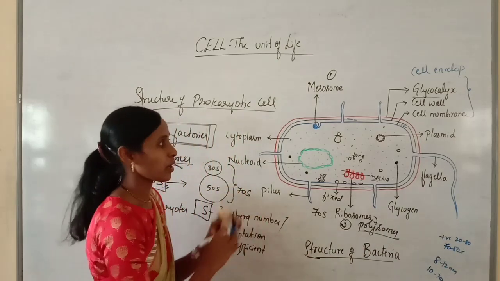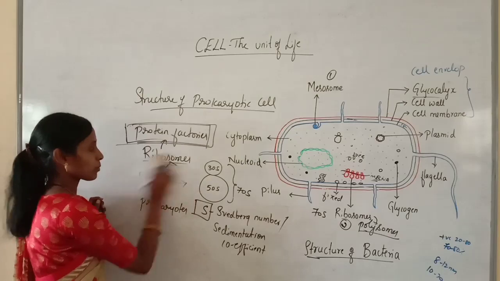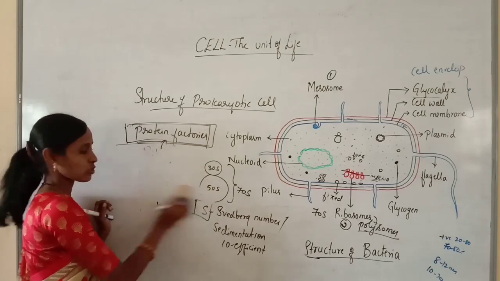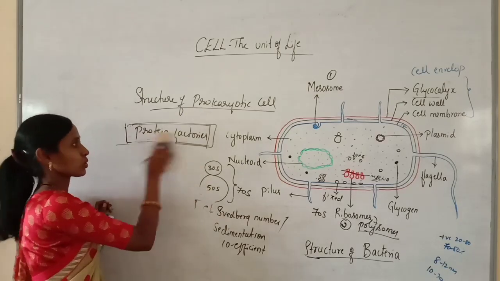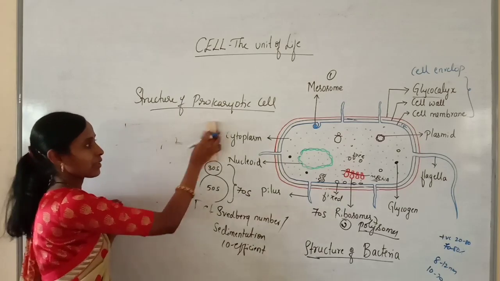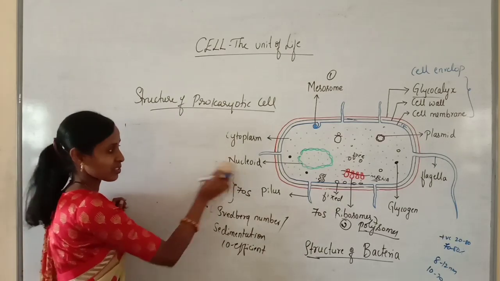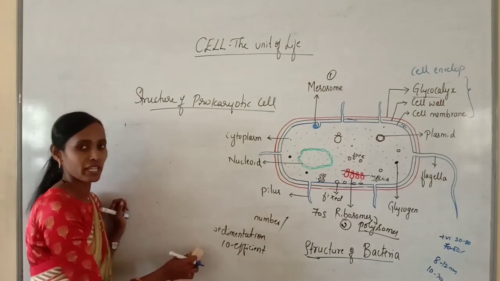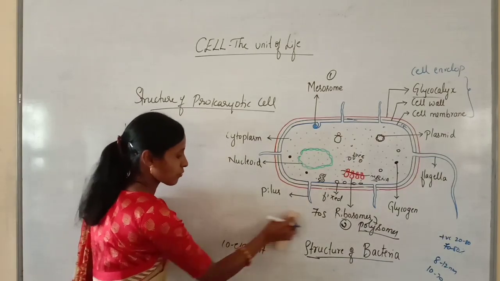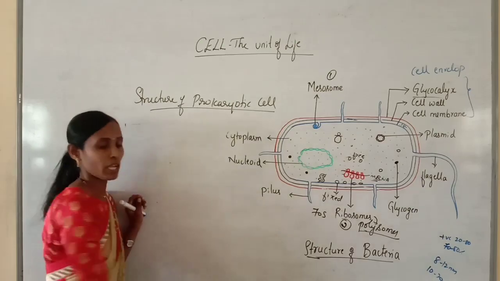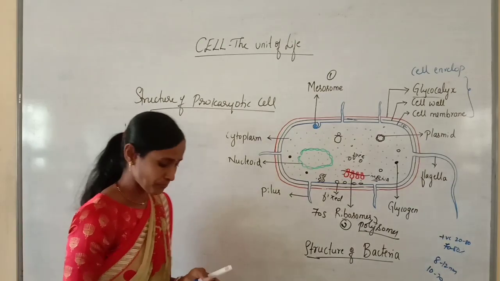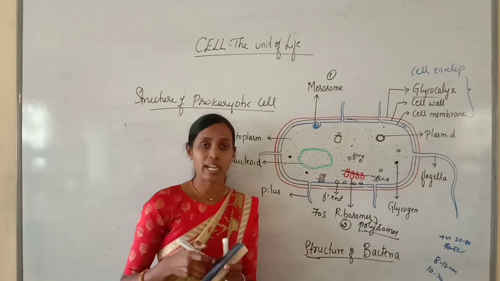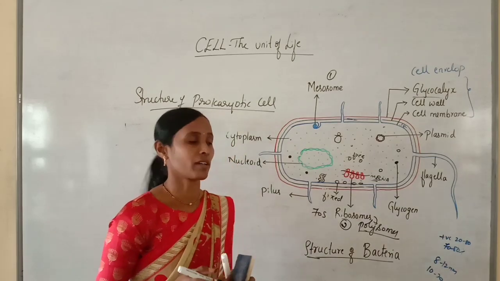So this is about ribosomes. Ribosomes may be freely present in the cytoplasm or they may be attached to the plasma membrane. There are two types, 70S type and 80S type. But prokaryotes contain only the 70S type of ribosomes, and the 70S ribosome is made up of two subunits, a smaller 30S and a larger 50S subunit.